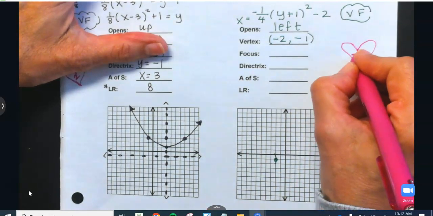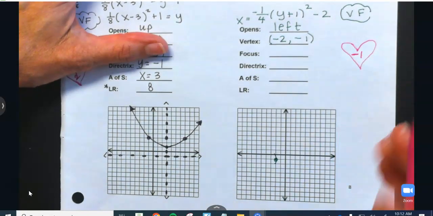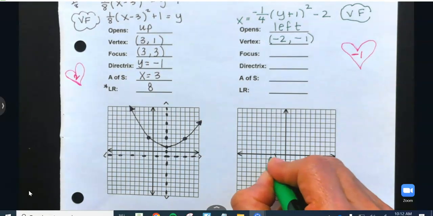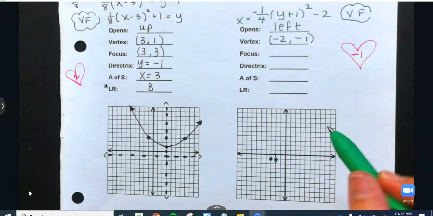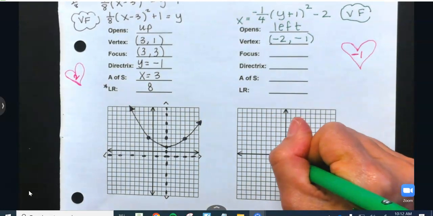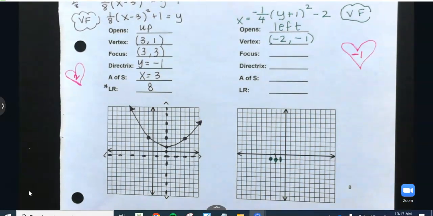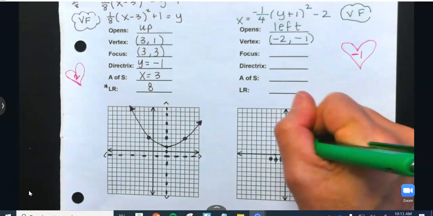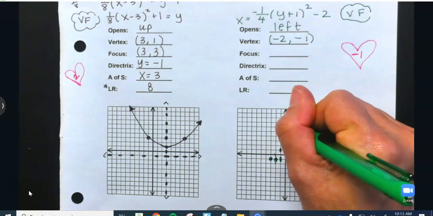So we need to write negative 1. Now remember, your focus is that many places to the left. So the focus is going to be one place to the left, draw a dot. Your directrix is one place to the other side, so draw a dash. And then you have 3/5 of your graph already done. Let's go ahead and extend out the directrix.